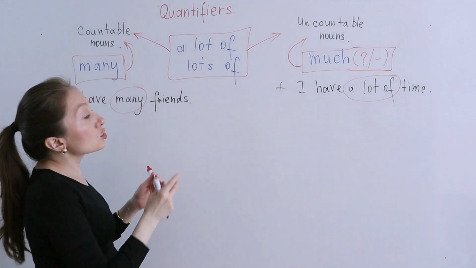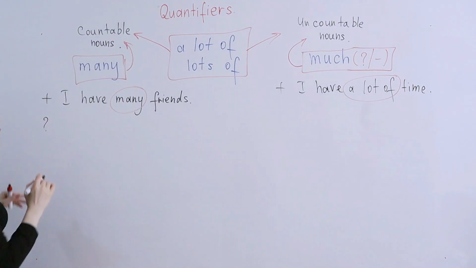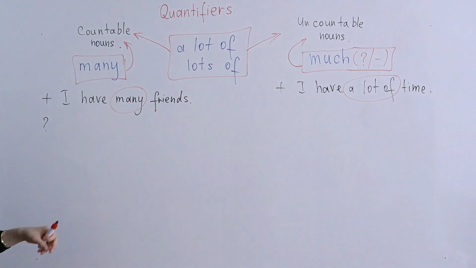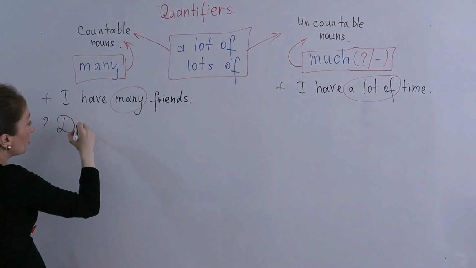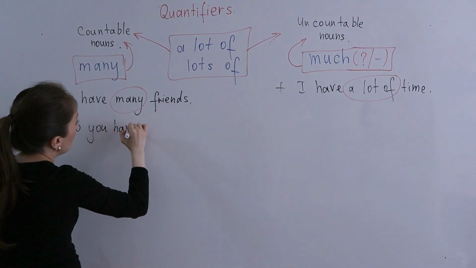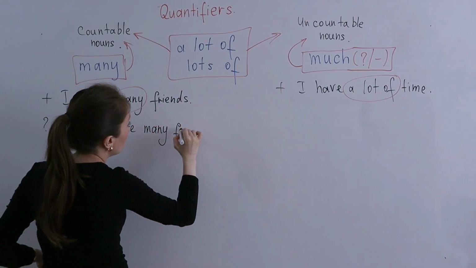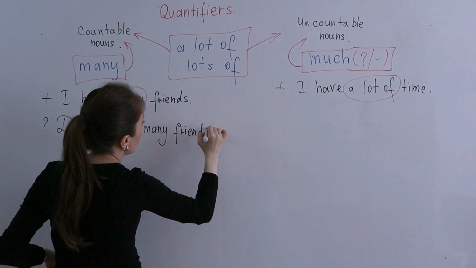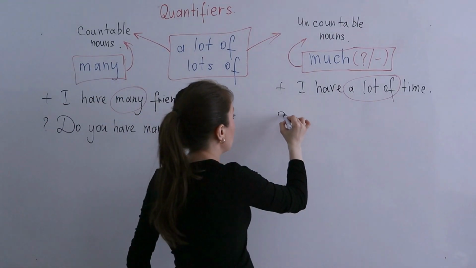So, and then we will try to make a question. For example, let's start here. Do you have many friends? It's a present simple. I have. That's why we start the question with do. Do you have many friends? Right? Here, the question.